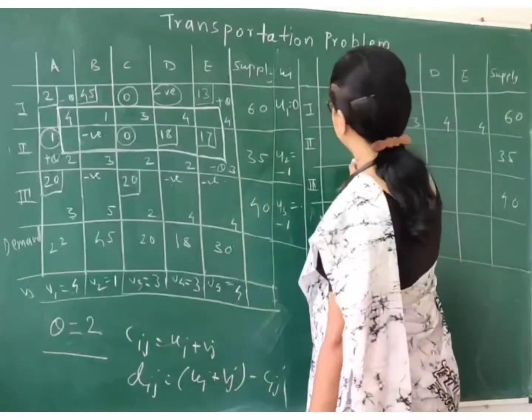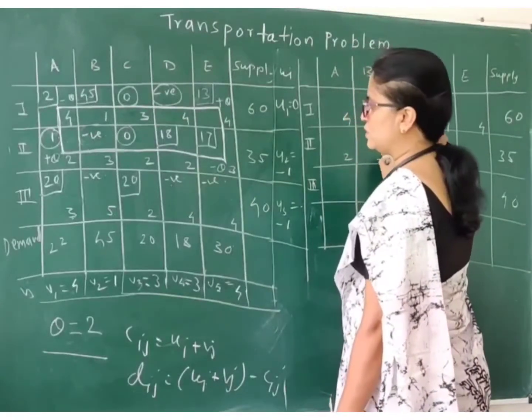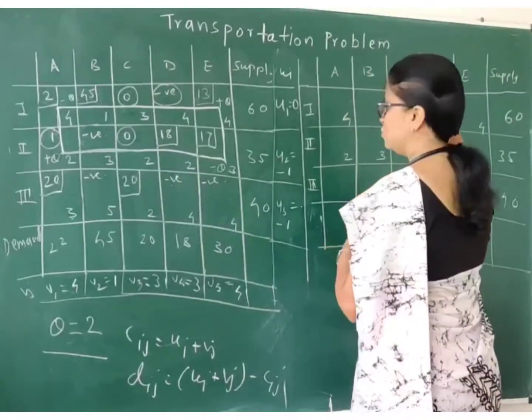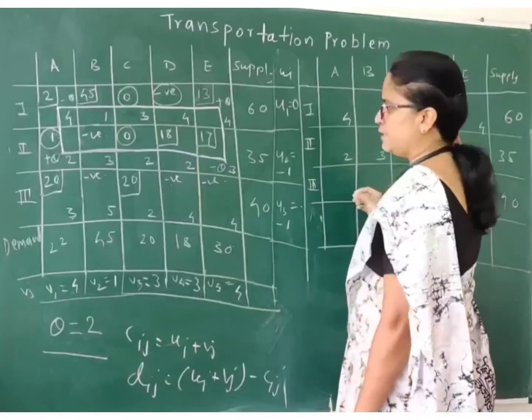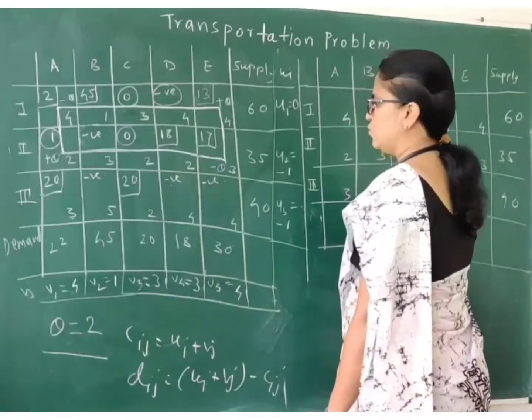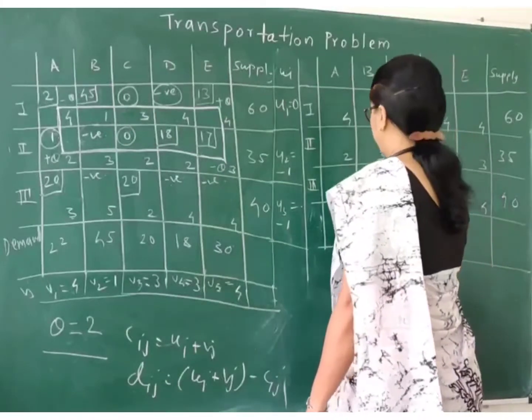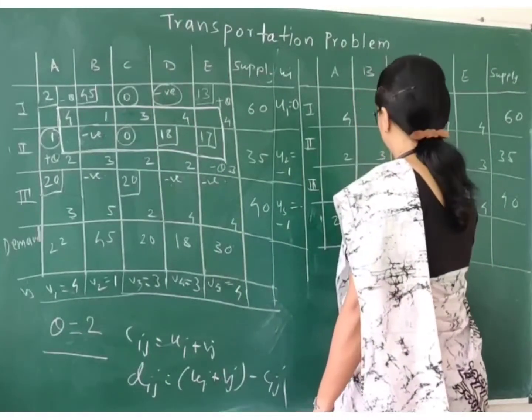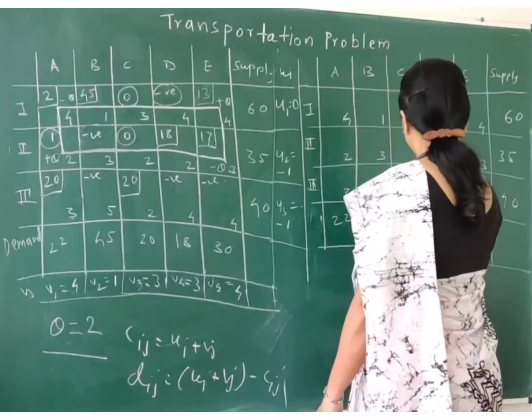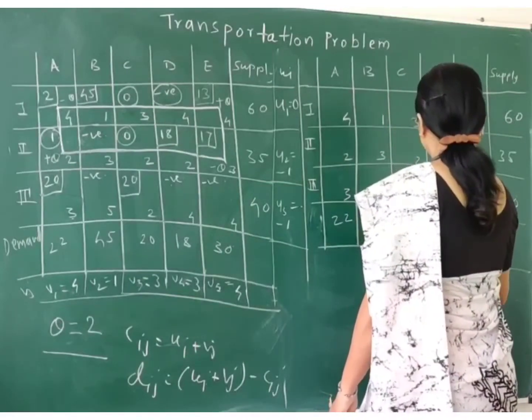Then for the second row I have 2, 3, 2, 2, 3. In the next row 3, 5, 2, 4, 4. Then I have the demand 22, 45, 20, 18 and 30.